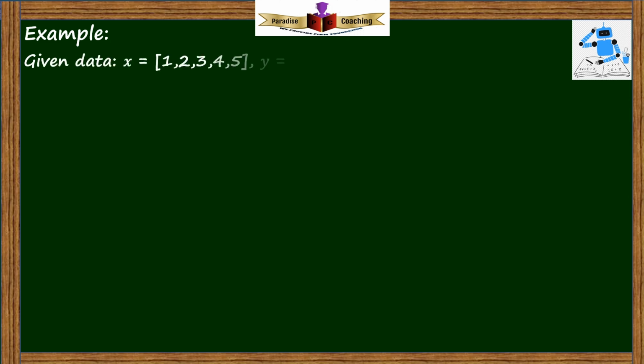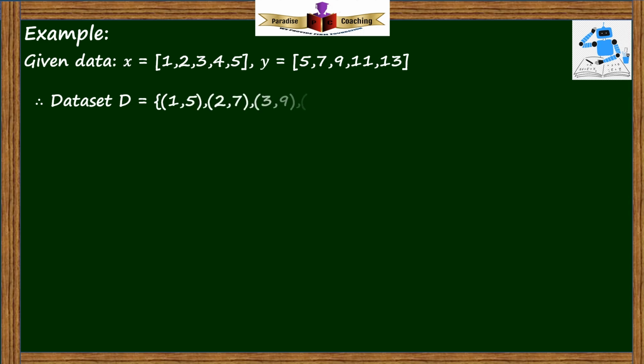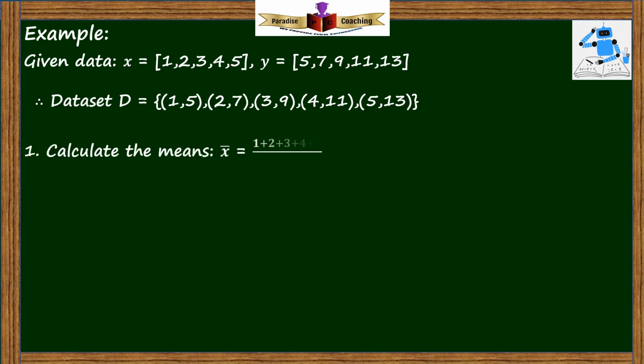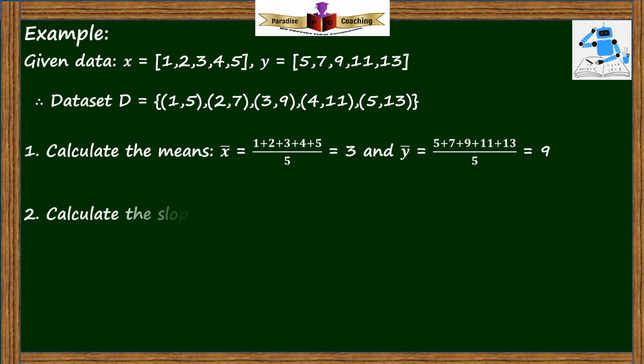Let's consider a sample dataset with x and y values as shown to obtain a mathematical model. One. Calculate the mean of x and y required by the formula as discussed. Here we obtain the mean of x is 3 and that of y is 9. Two.